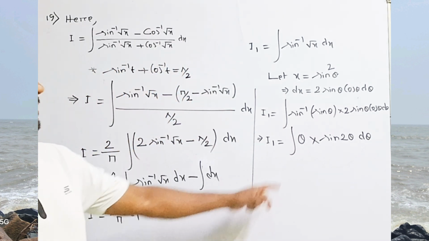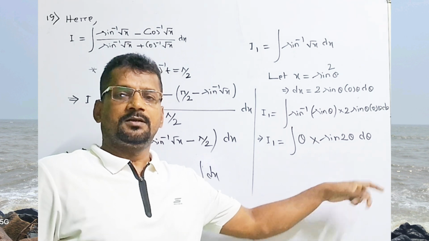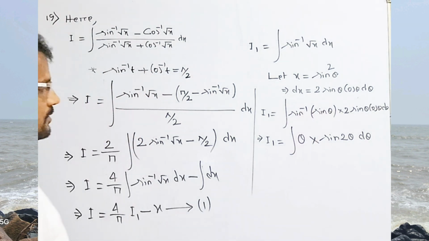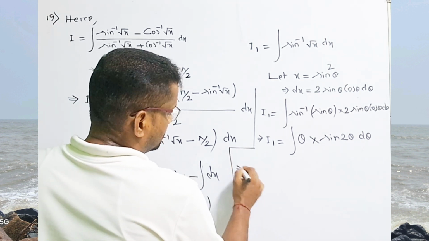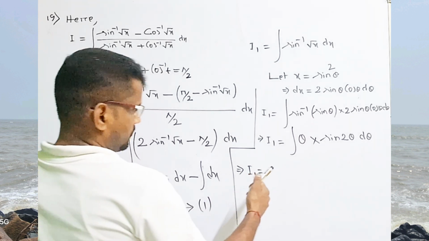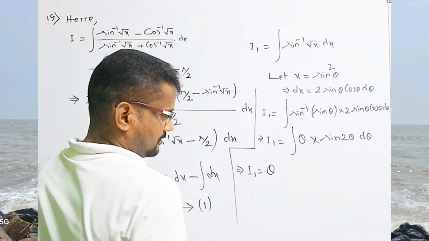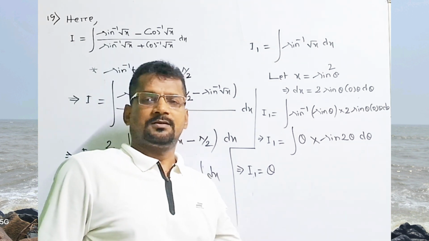Now again it's a product of two functions. One is algebraic, another is trigonometric. So you can use the by parts method to find this. If you use the by parts method, then I1 equals, by parts rule known to us, first function as it is, integration of second function. Let me write directly. Integration of sine twice theta is what?